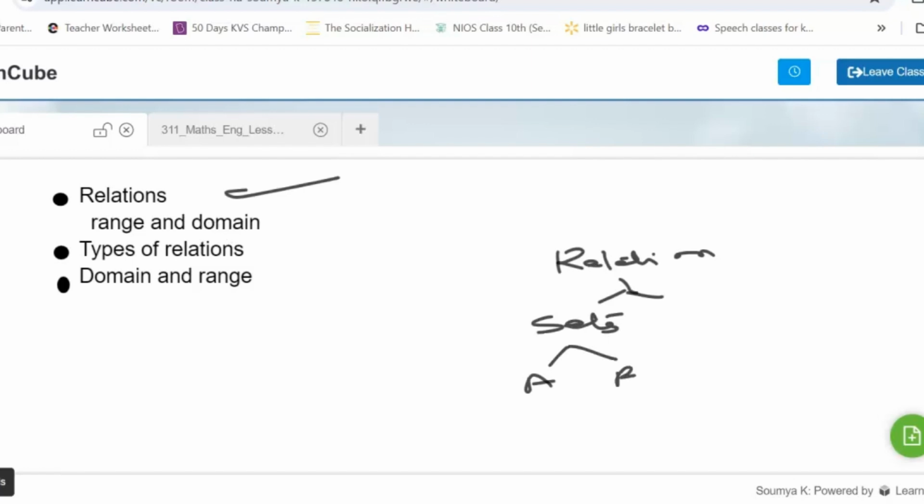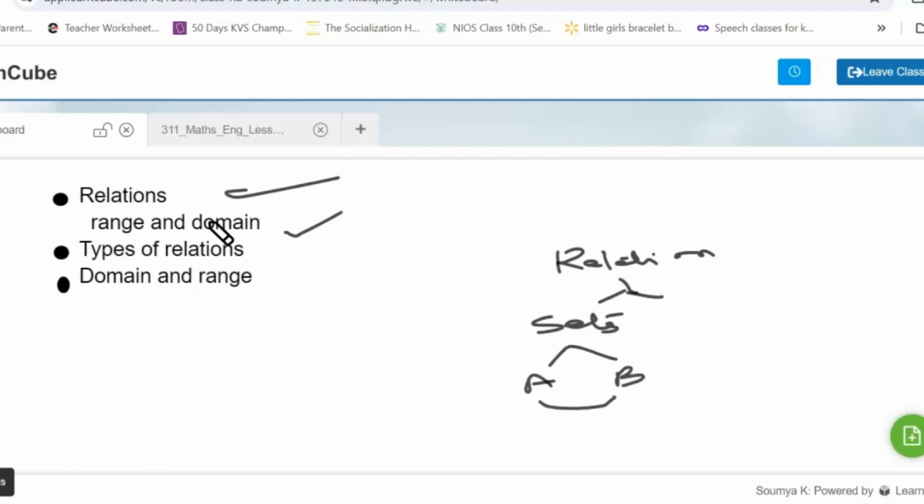Let's consider A and B are two sets, and the relation that they share between both of them is known as relation. And if we're given two sets, that is A and B, then A is related to B through some unique relation. That is known as relation in maths. So here A is called the domain and B is called the range of the relation.